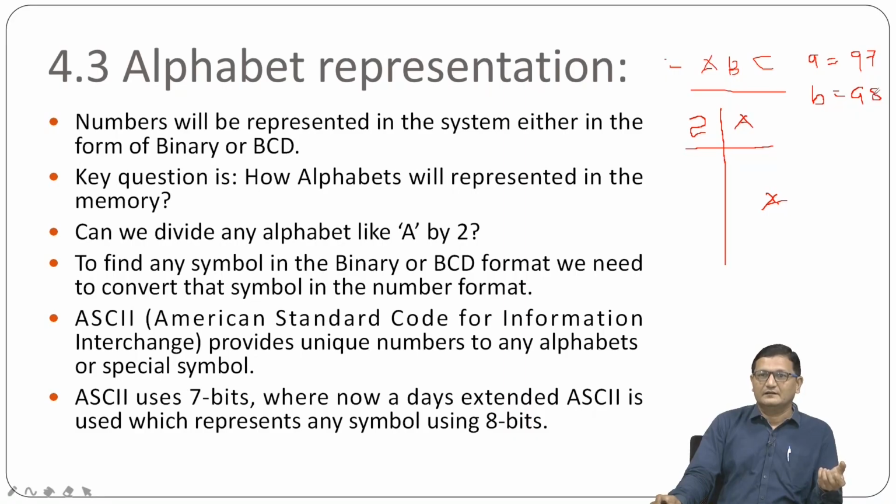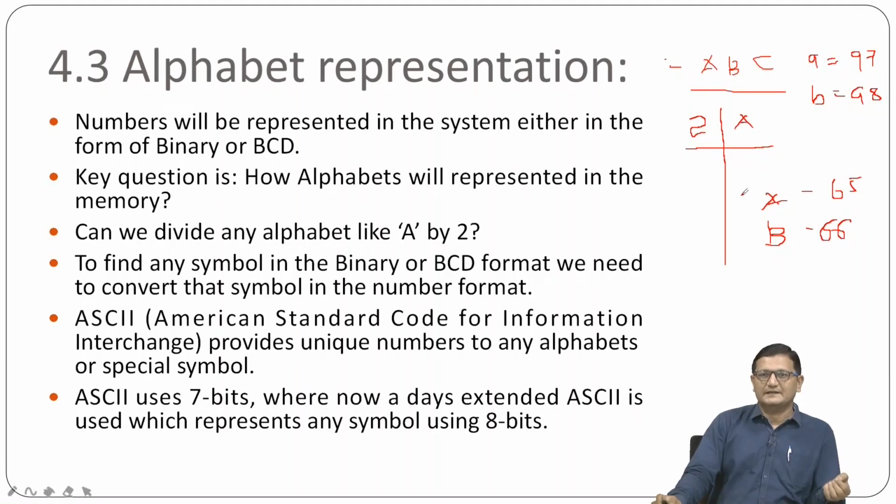Similarly, if you are storing c, it will store 99, right? Suppose you are storing capital A, right, then the computer will store the binary of 65, right? If someone wants to store capital B, then the computer will store the binary of 66 into the memory, okay?